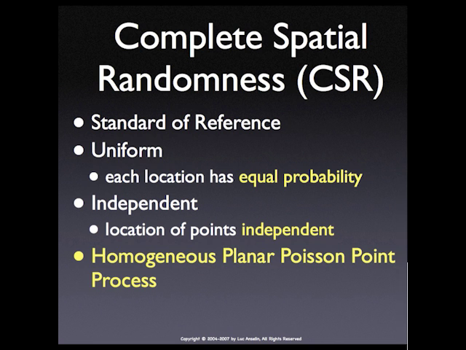The formal mathematical representation of a process that is completely spatial random is what is referred to in the literature as a homogeneous, planar Poisson point process. Planar means it's in 2 dimensions. You can extend this readily to 3 dimensions, but we won't get into that.